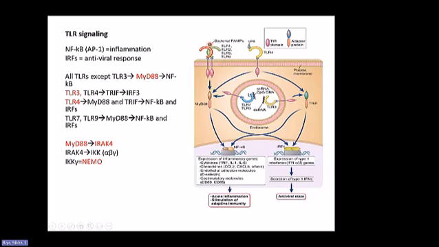And then TLR7 and 9, even though they produce IRFs, they go through MyD88. So they cannot go through TRIF. They go through MyD88 response and then produce antiviral as well as inflammatory response. All right, so signaling, let's go through.